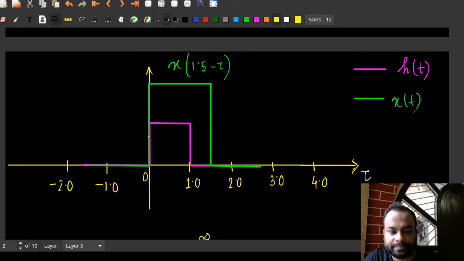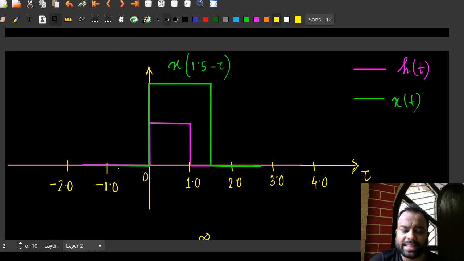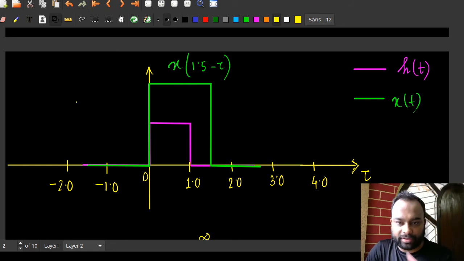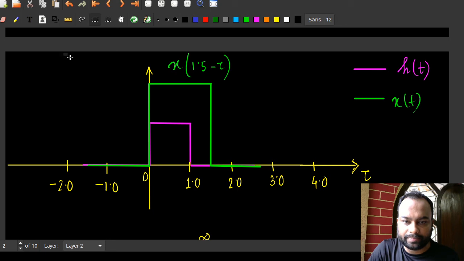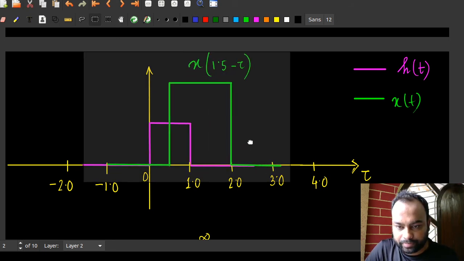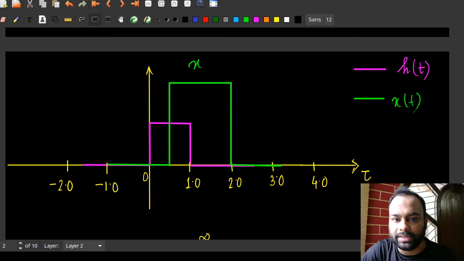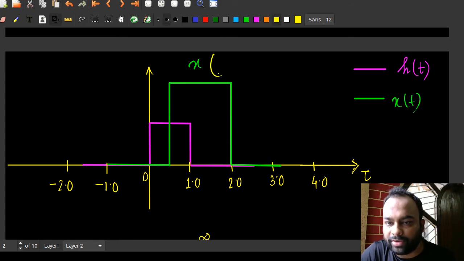So let's go back. We are calculating the output at t equal to 2. Again we have to shift this signal. If anyone has any question about the shifting or anything, please feel free to ask.